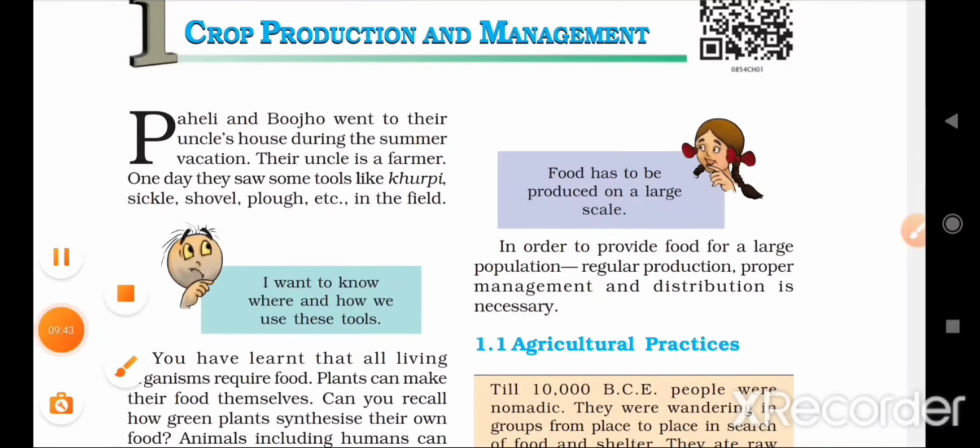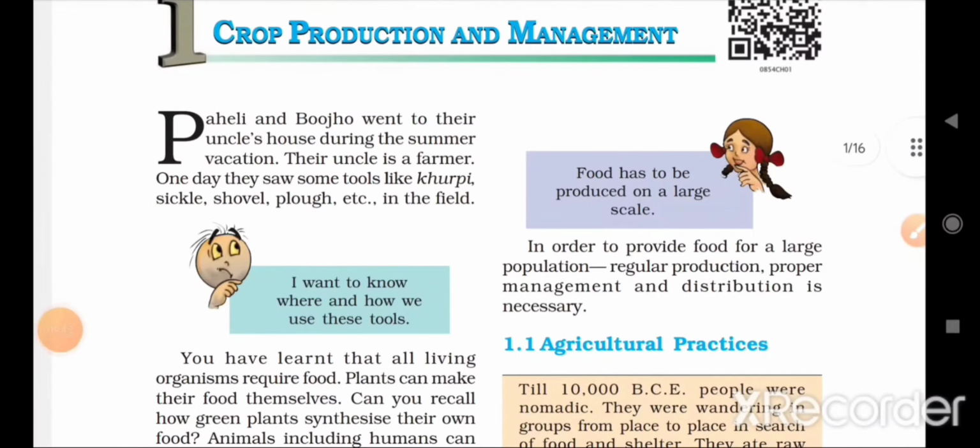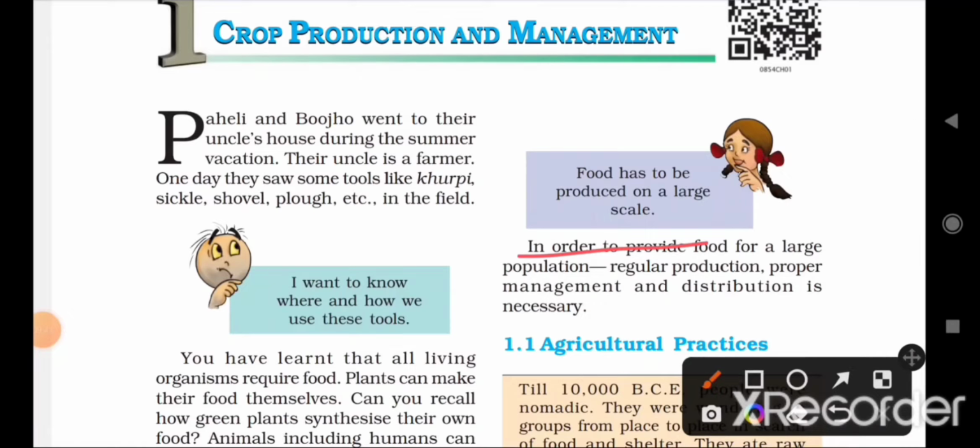In order to provide food for a large population, regular production, proper management and distribution are necessary. Food is necessary for all living things. In India a large population is there, so to provide food we have to grow a larger quantity of crops on larger scales.